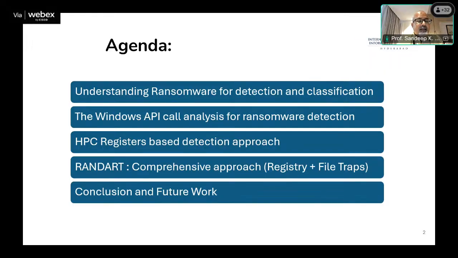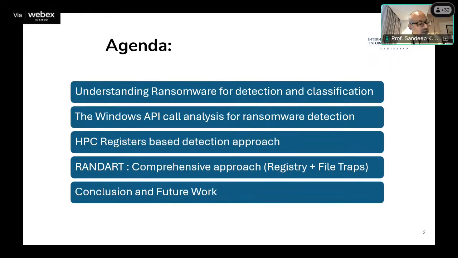Any method that depends on API call analysis will not be able to detect ransomware which is not using the API calls but using direct system calls. So there could be other ways to detect it. One such way is to actually look at the performance registers in hardware.